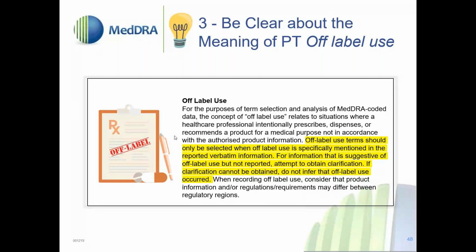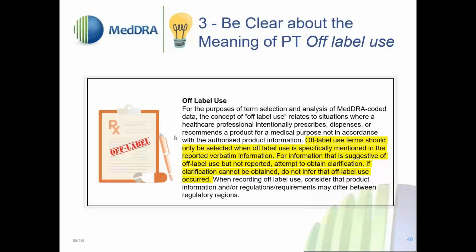Coders should not take this decision when only the three criteria, intentional for medical purposes by HCP, are met, because it needs more specific product knowledge and information about the country of origin of the reported case.